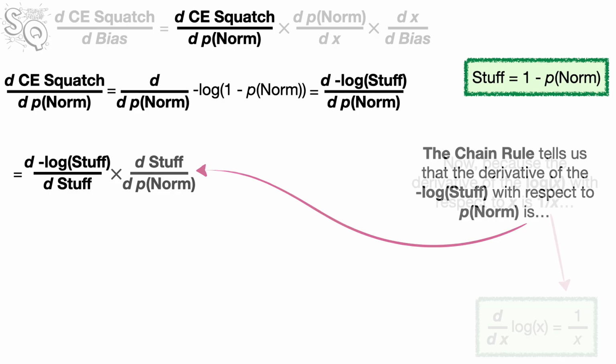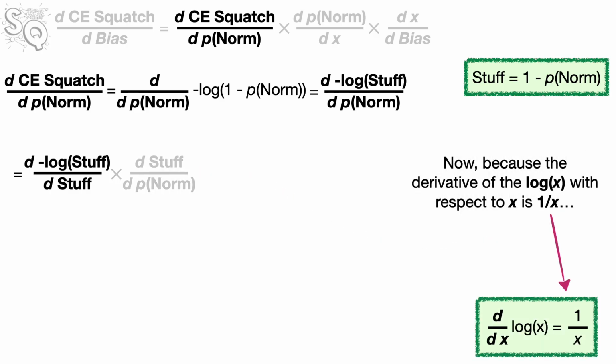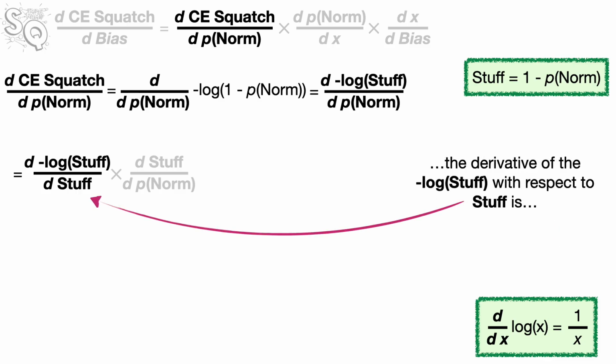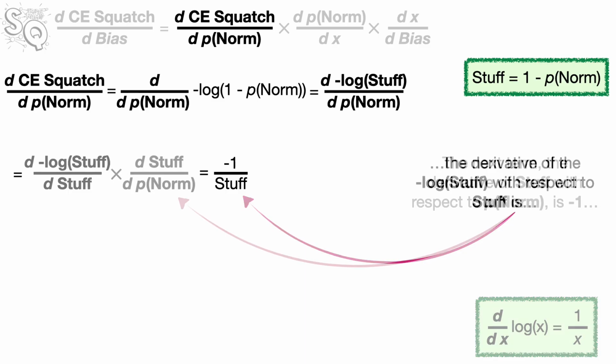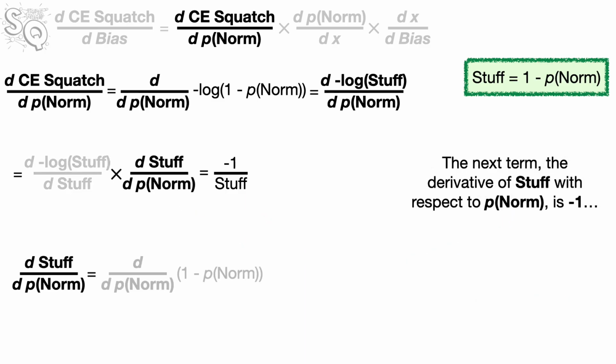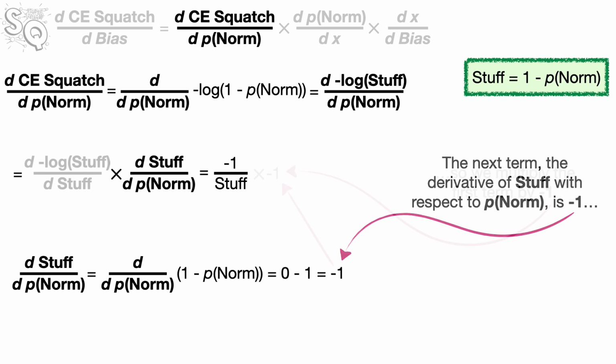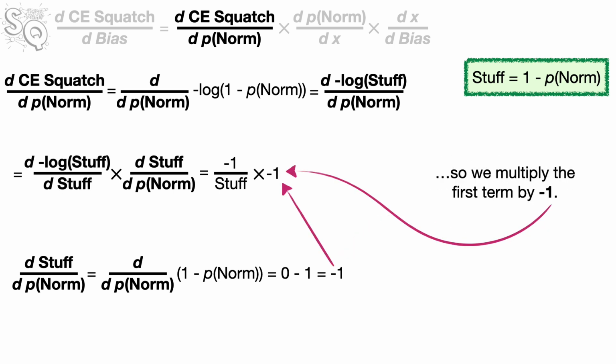Now, because the derivative of the log of x with respect to x is 1 divided by x, the derivative of the negative log of stuff with respect to stuff is negative 1 divided by stuff. The next term, the derivative of stuff with respect to p norm, is negative 1. So we multiply the first term by negative 1.